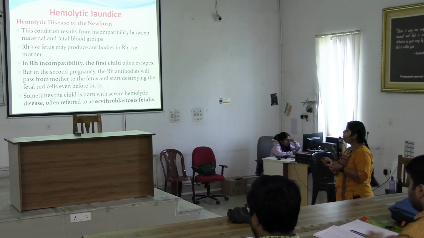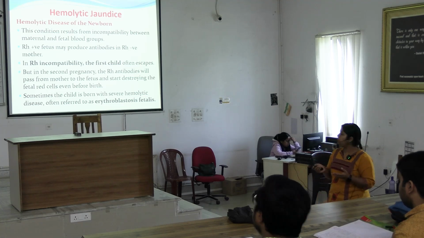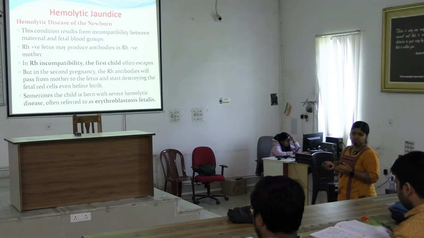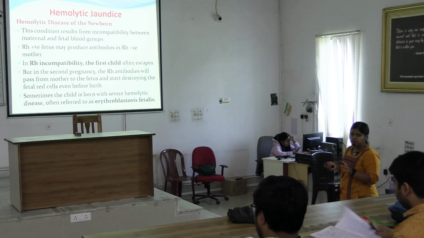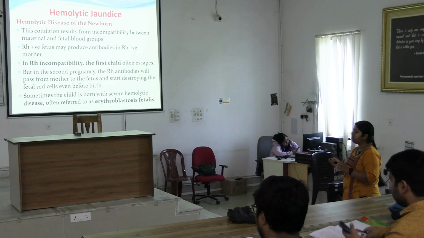Hemolytic jaundice in newborn. Okay, so we can see any kind of hemolytic jaundice in newborn also, and that can occur because of Rh incompatibility. We have studied about Rh incompatibility when the fetus is Rh positive and the mother is Rh negative.